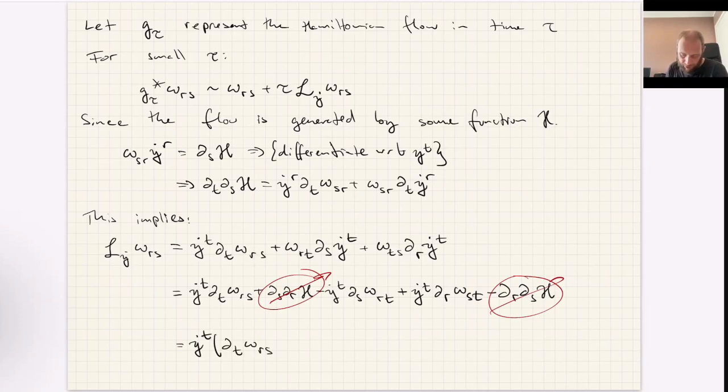And let me now change the order of the indices here. So plus d_s omega_tr. That's just changing these indices because omega is antisymmetric, and I get a sign. Plus d_r omega_st.